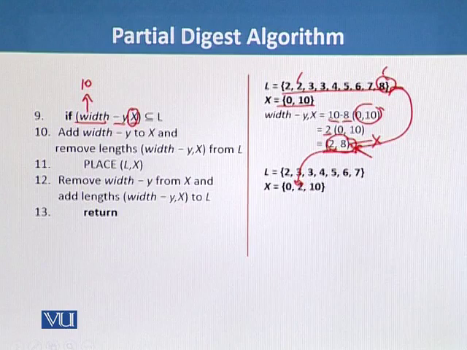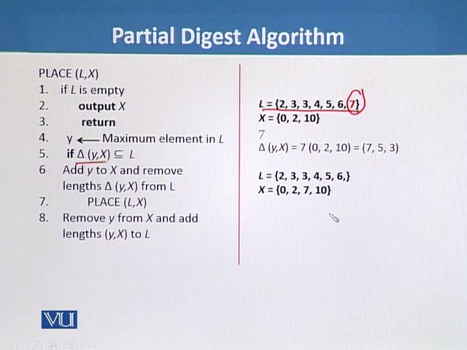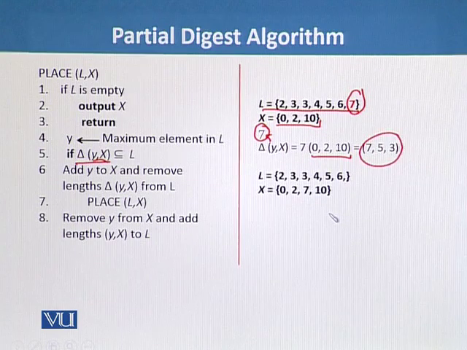So in the next step, we were left with this subset of L with the highest element of 7, and if we put the value here, delta Yx, if it's a subset of L, then we will add the Y into the X. And we know here the value of Y is 7 and the X is 0, 10 and 2. So after calculating, we will get this one.